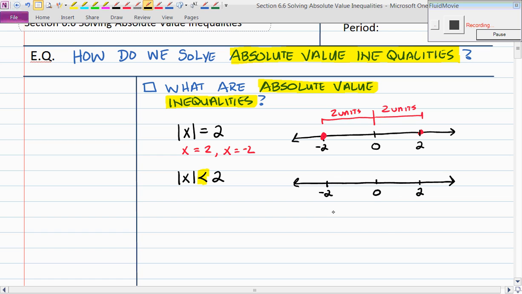So I know that there have to be 2 answers, just like there was before. So I have this point in question, 2, and this point in question, negative 2, and I want everything that is in between here. All of these could be true.